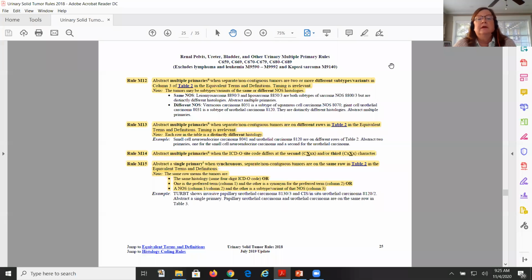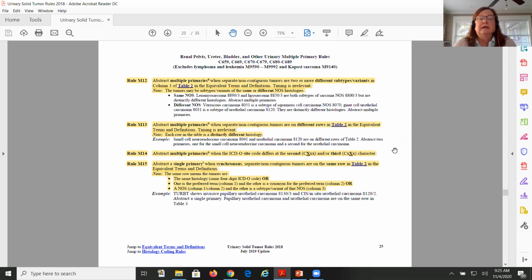M12, abstract multiple primaries when separate non-contiguous tumors are 2 or more subtype variants in the histology table. So you have seen this rule in the solid tumor rules for other sites. This is the same that you've seen before.